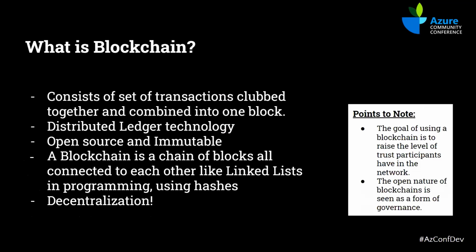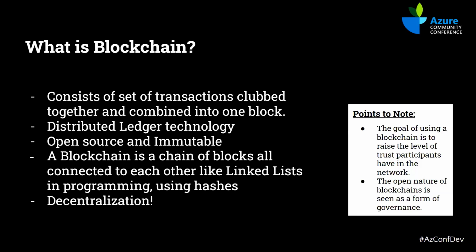Blocks like this connect with each other and form a chain, and this whole chain is known as blockchain. If you're familiar with programming, we have a concept of a linked list, where each element of the list is linked to the next through pointers. In a similar manner, each block is related to the next block using cryptographic hashes.